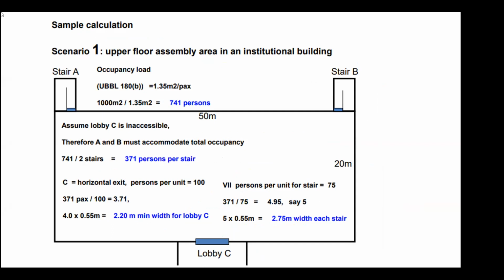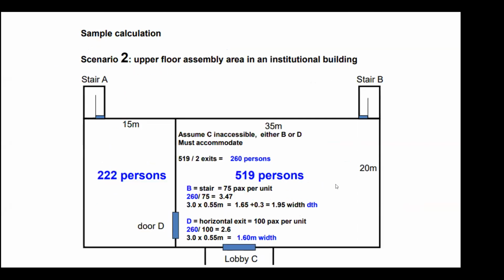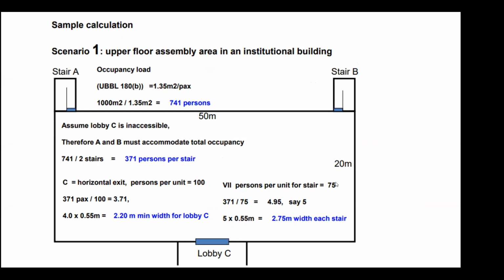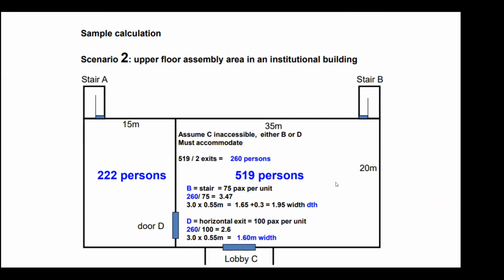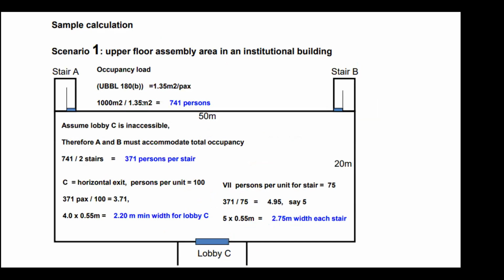Normally we calculate about the area, because we take one floor first. Per person, the factor here is about 1.35 per person. This is based on per floor, 50 meters times 20.